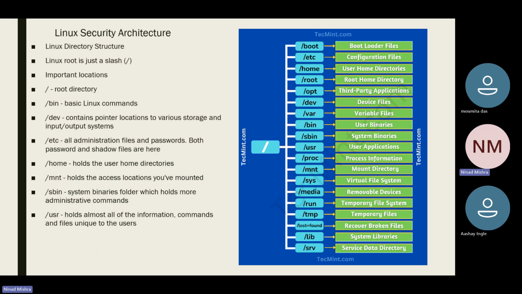Dev is obviously device files. /opt is where you install third-party applications which are not system applications. /tmp is obviously the temporary folder. Lost+found is where you recover broken files. And /usr holds all the information, commands and files unique to the user.